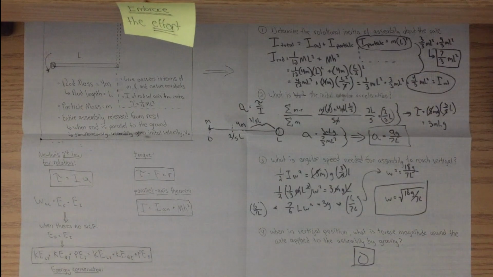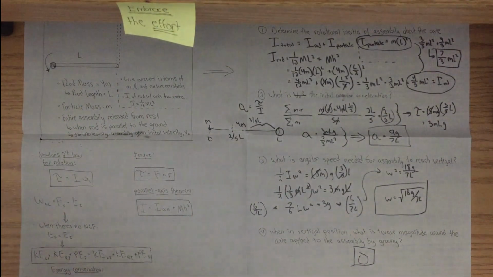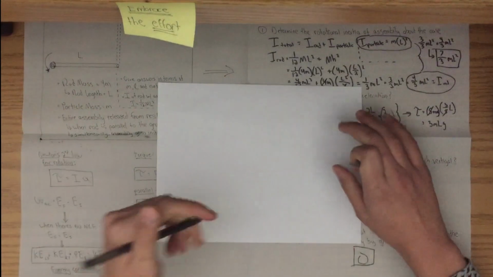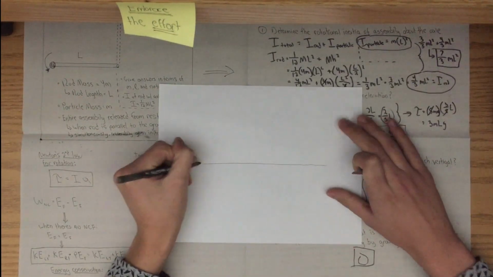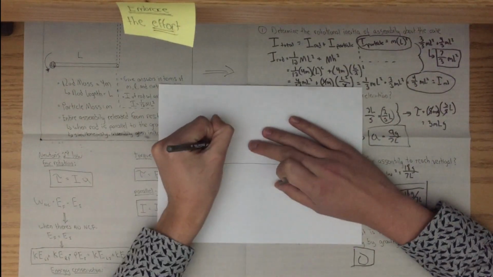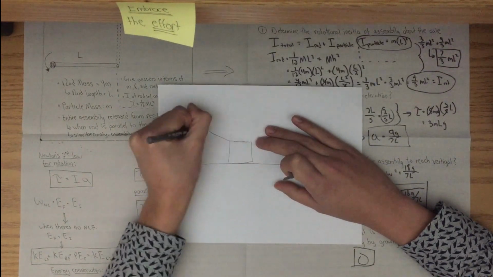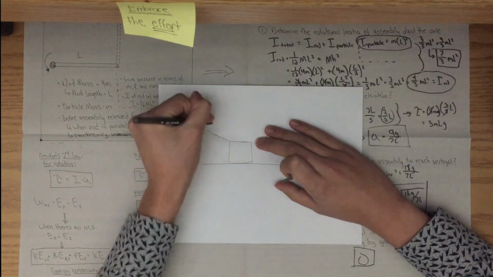So just to explain real quickly, let's grab a piece of paper here and talk about what a moment arm really is. So let's say that I've got the ground here and I've got this block and I pull it this way, and that's my force.